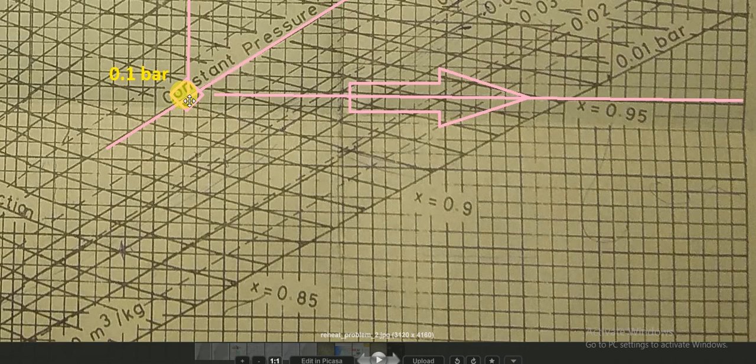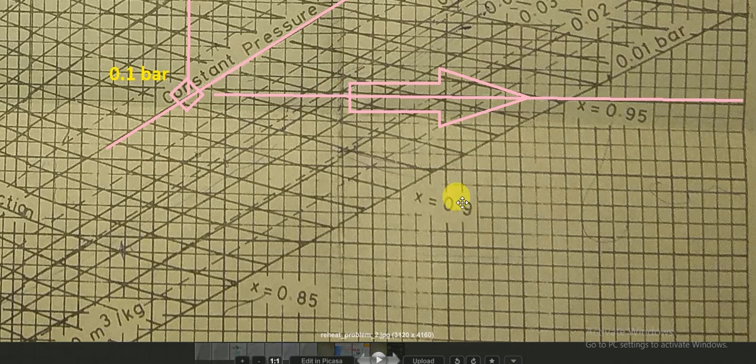If you move to the inclined line, you will see it is 0.9. You just move along, it is 0.91, I guess, because it doesn't lie on this line but between 0.9 and 0.92. So note down the value of the dryness fraction.